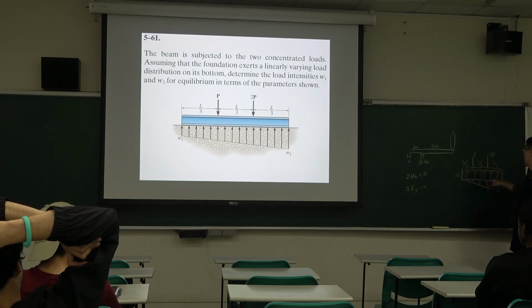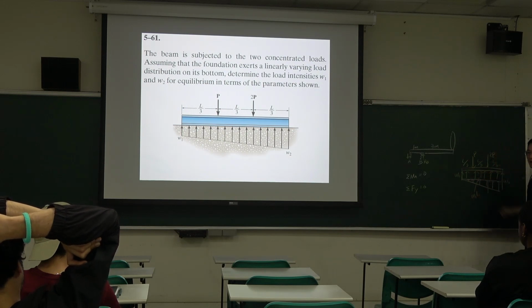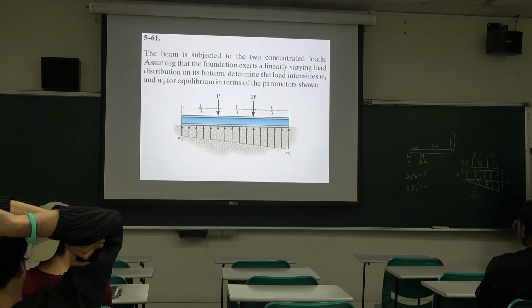And then this resultant is W1 times L. This resultant is W1 times L because of this area. Clear? So we take a moment at this point.